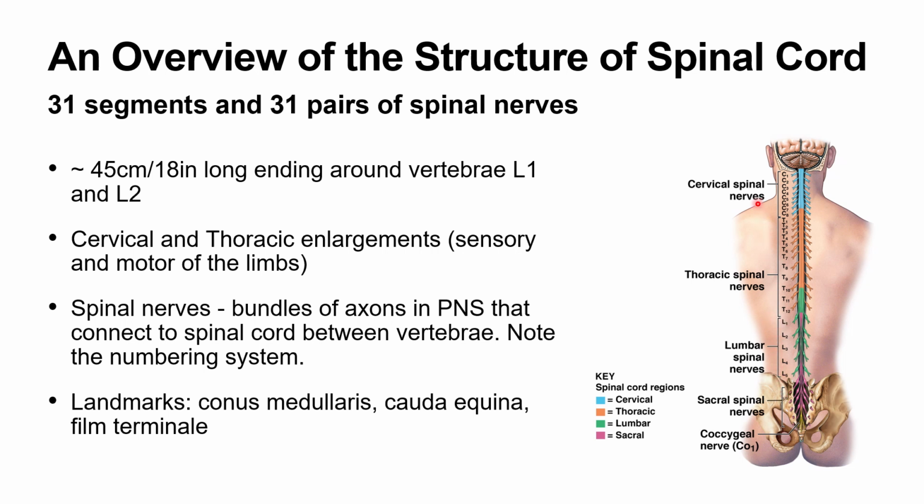However, keep in mind that there are going to be 8 pairs of cervical spinal nerves, and this is because we include the pair of nerves that exit between the base of the occiput and above C1. That is going to be our C1 pair of spinal nerves.